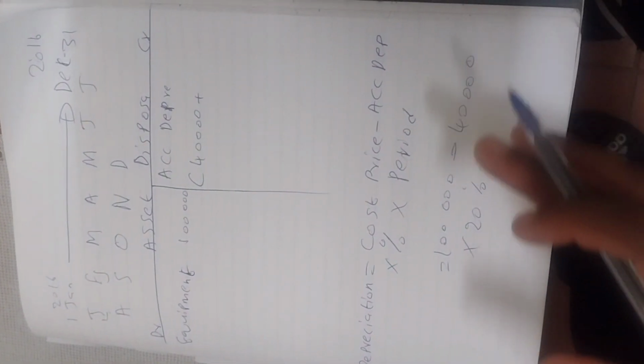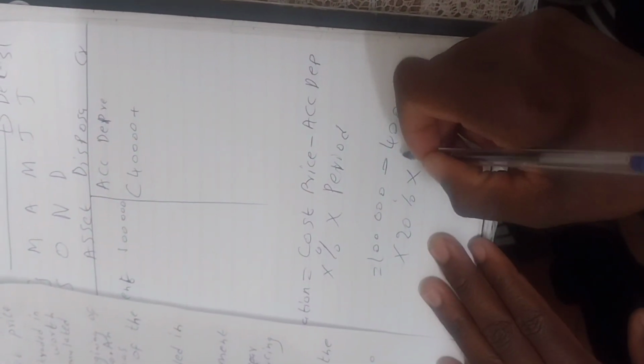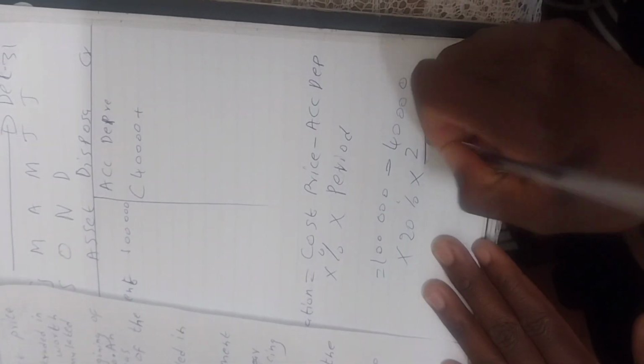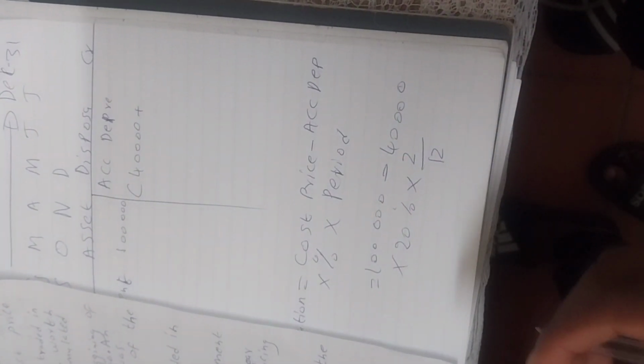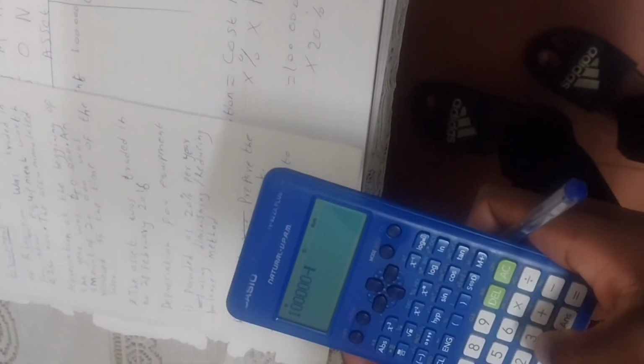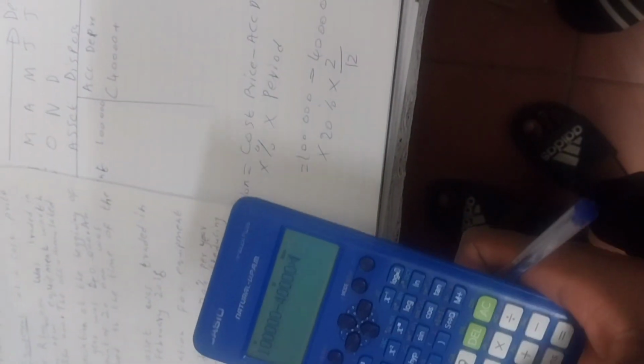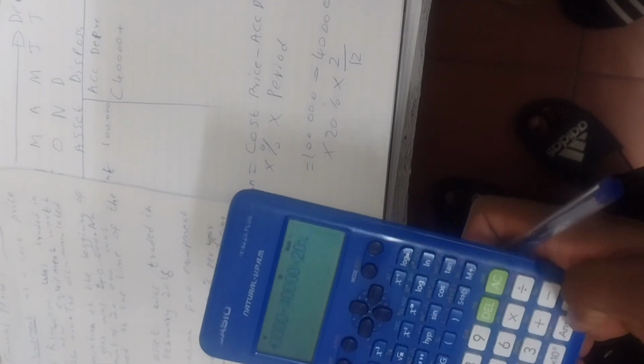So the period is going to be 2 out of 12. If we calculate it, we're going to say 100,000 subtract 40,000. If you're using a financial maths calculator, don't say times 20%, because it's going to give you a wrong answer.